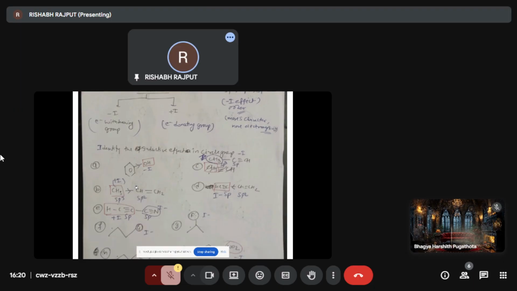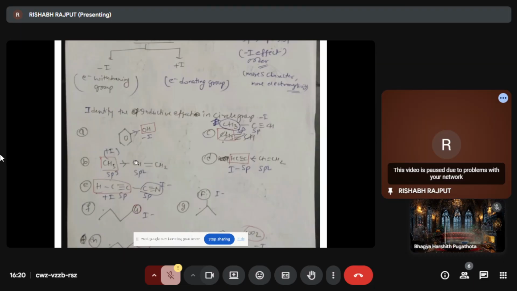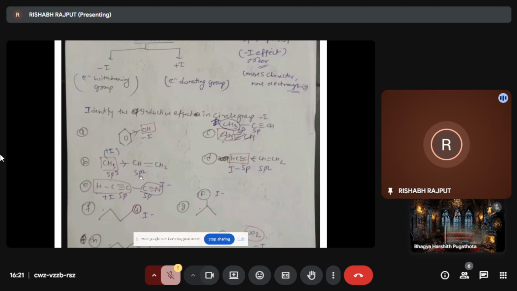Please remember that sp3 has more plus I effect compared to sp2 and sp.